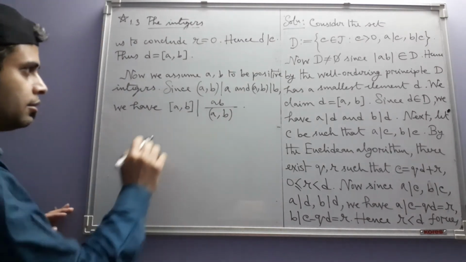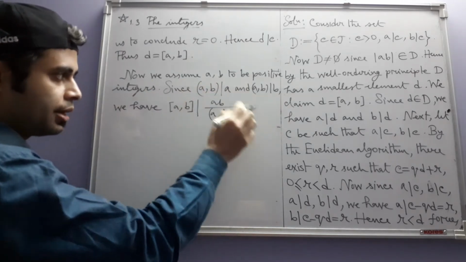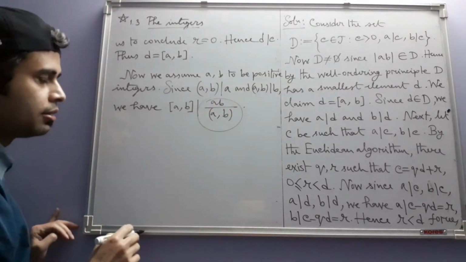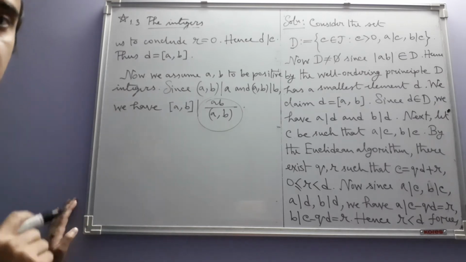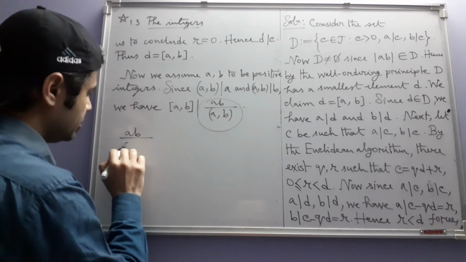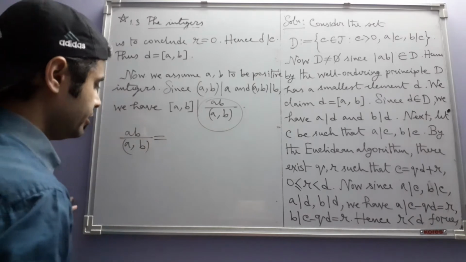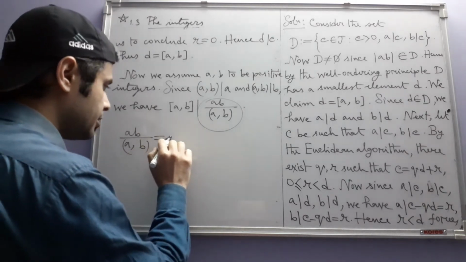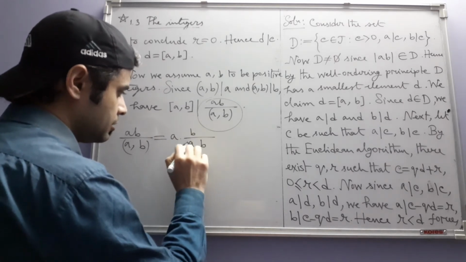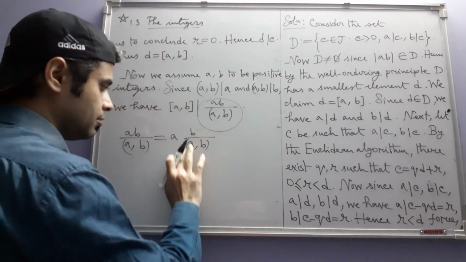You see, because the greatest common divisor is dividing both A and B, this number, this integer, is a multiple of both A and B. Why? Because I can write this integer, it's an integer first of all, keep that in mind, as A times B divided by the GCD of A comma B. Now, let me not use the square bracket.